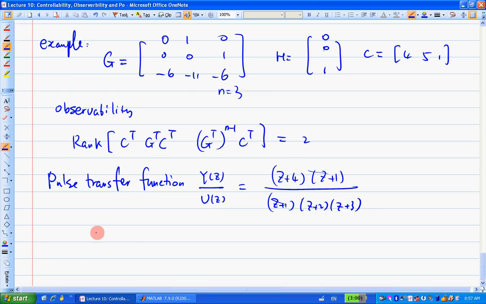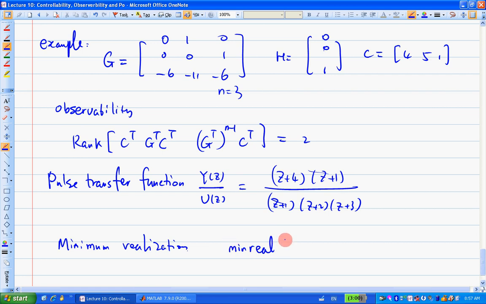So mathematically, there is the so-called minimal realization. You use the minimum number of states to realize the system. In MATLAB, there's a command called minreal.